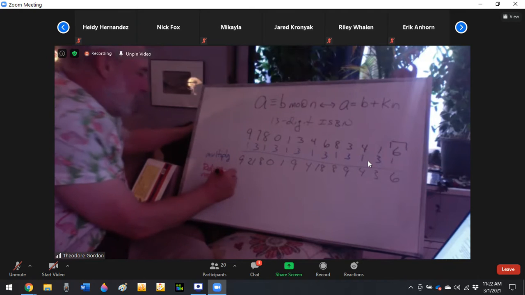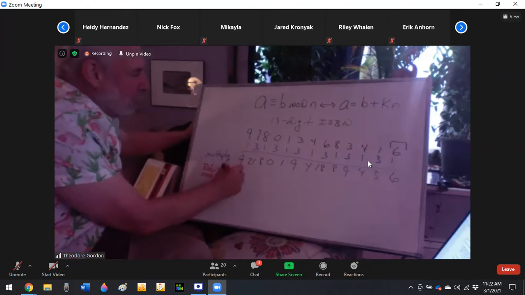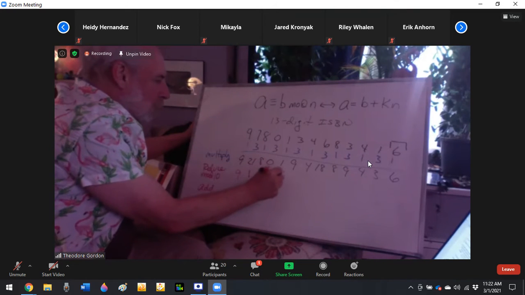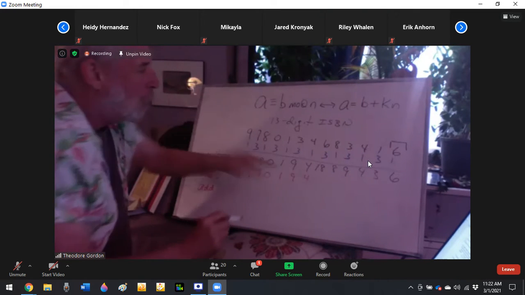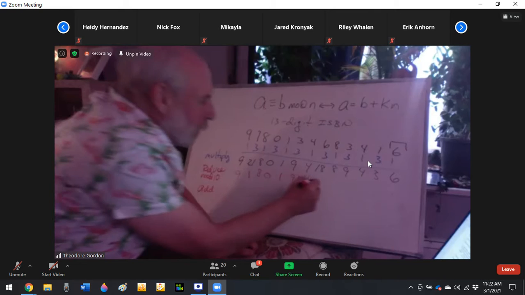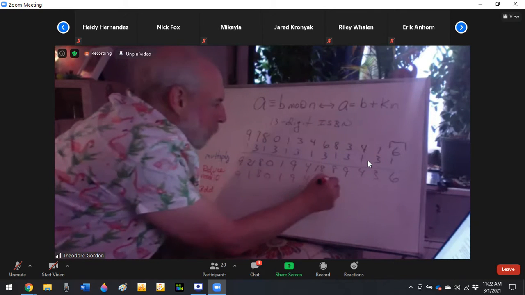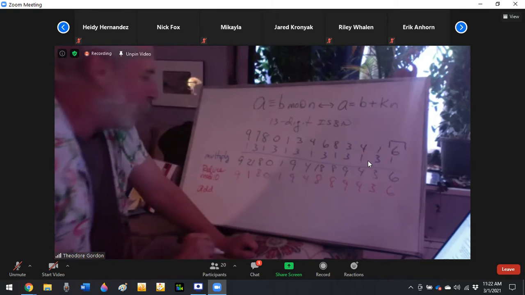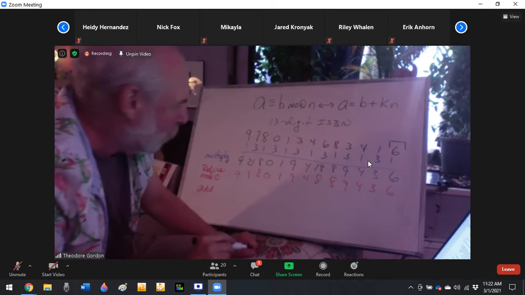So we have 9, 21 divided by 10 leaves a remainder of 1, 8, 0, 1, 9, 4. 18 divided by 10 leaves a remainder of 8. Then we get 8, 9, 4, 3, 6. Well, that didn't help a whole lot, but oh well.